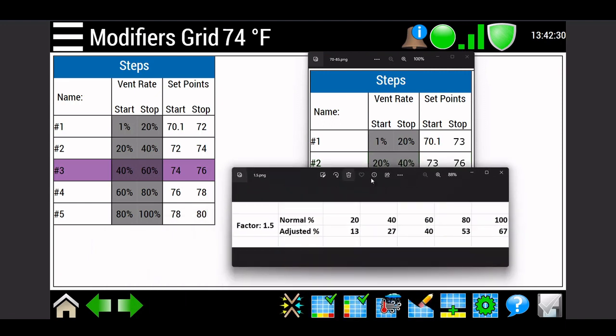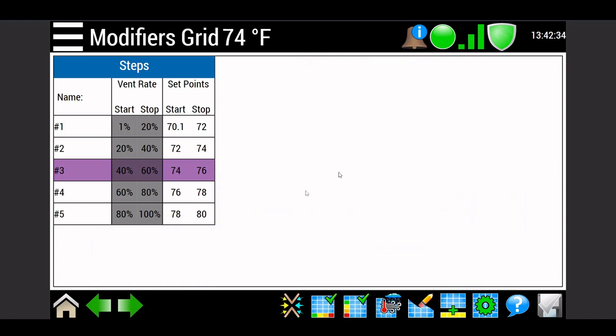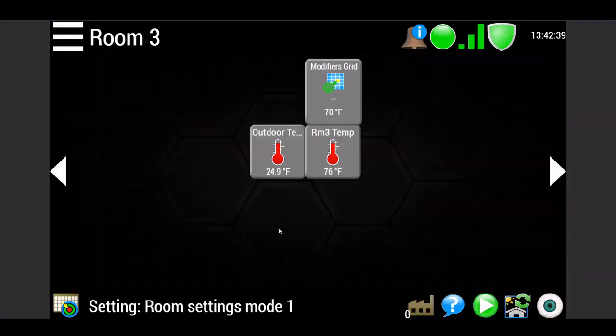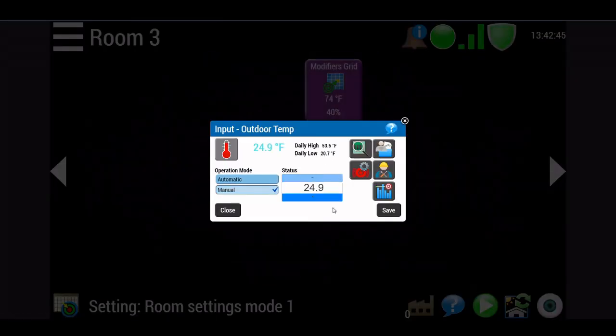And I will just show you one final thing. If I go back and adjust, I'm somewhere in the middle of our settings, right? Because we said from 50 degrees down to 25. So if I go to about 37, that is going to be about halfway.